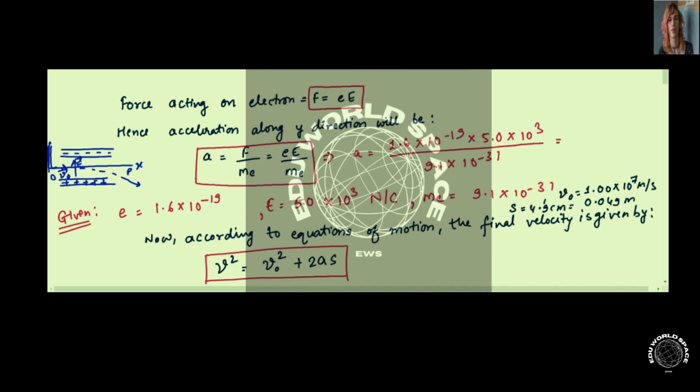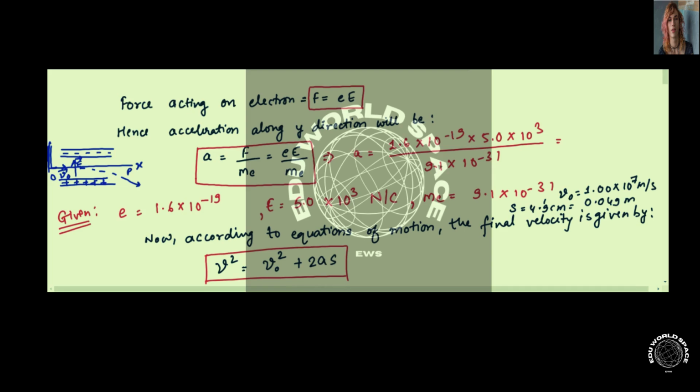Let me calculate. This is 1.6 into 5 divided by 9.1, into 10 to the power, this is 19, this is 3, that means this becomes minus 16, and minus 16 plus 31 is 10 to the power 15.